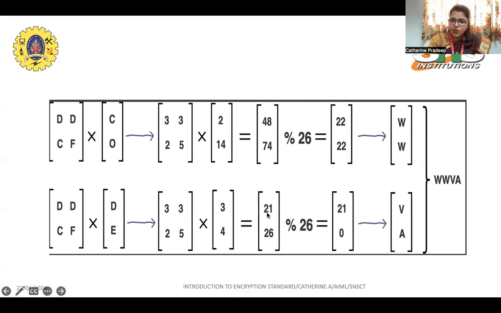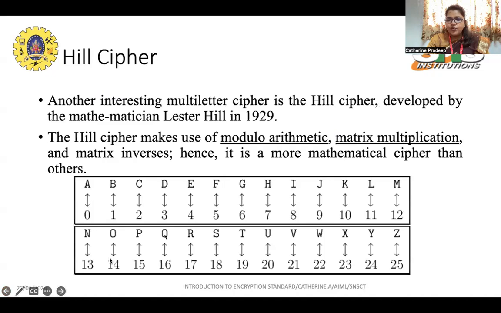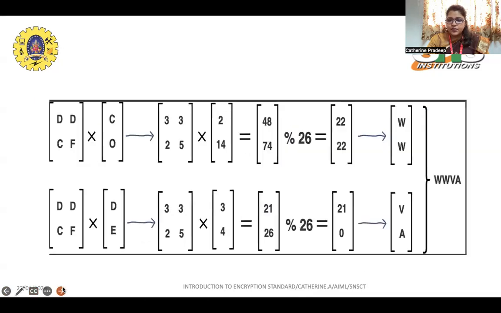What do we get? 21 and 26. When we do modular arithmetic with it, mod 26, we get 21 and 0. So you go back to the table. For 21 we have V, and for 0 we have A.